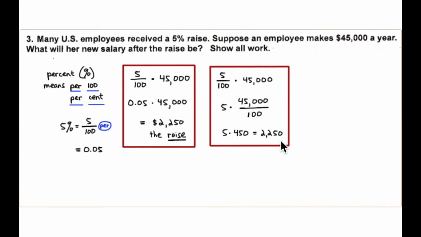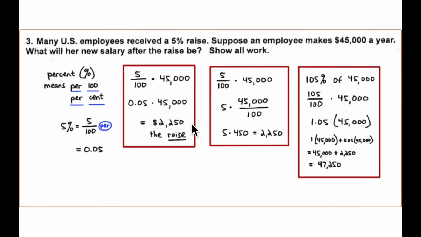Now you can also do this in one step. I haven't added the salary yet to the raise, but you can actually add the salary and the raise together in the beginning of the calculation by treating it as 105% instead of 5%. So it's 100% plus that 5% is 105% of 45,000. So this is a fraction of 45,000.